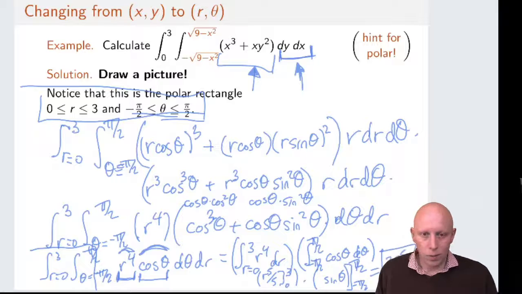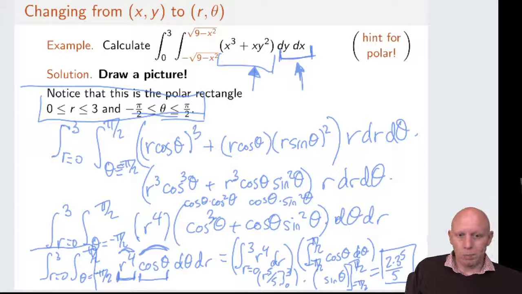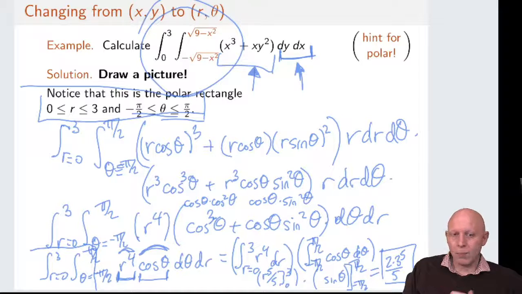And that's our answer. So that's how we can convert an integral that's over a not pleasant region in terms of Cartesian coordinates into a very pleasant example in terms of polar coordinates.